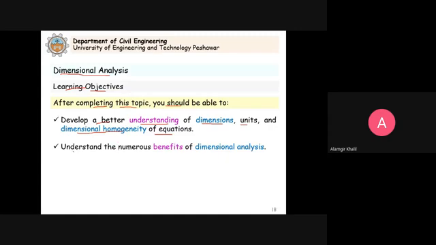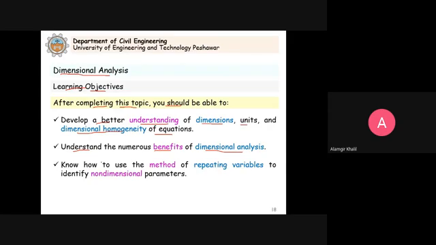The second thing is to understand numerous benefits of dimension analysis. Why we need to study this topic? What could be the possible advantages, benefits of this dimensional analysis? And the third one is to know how to use the method of repeating variables to identify non-dimensional parameters.